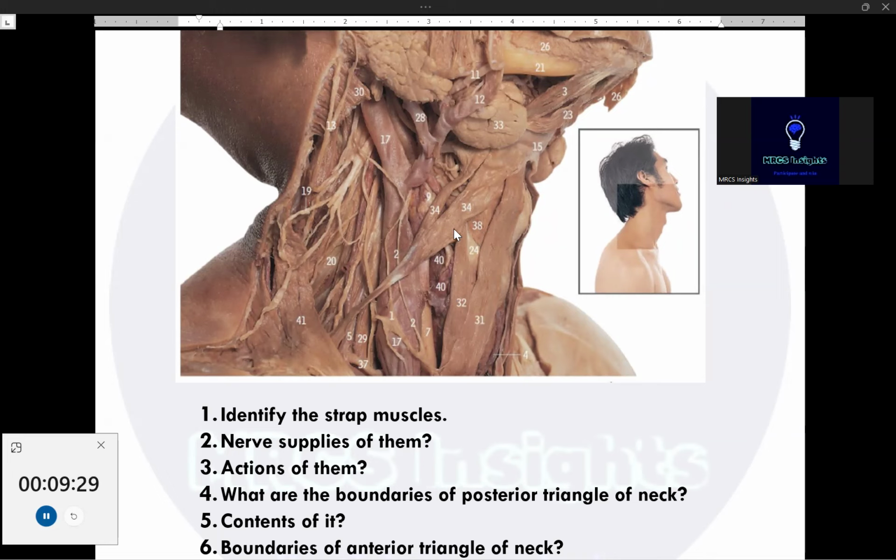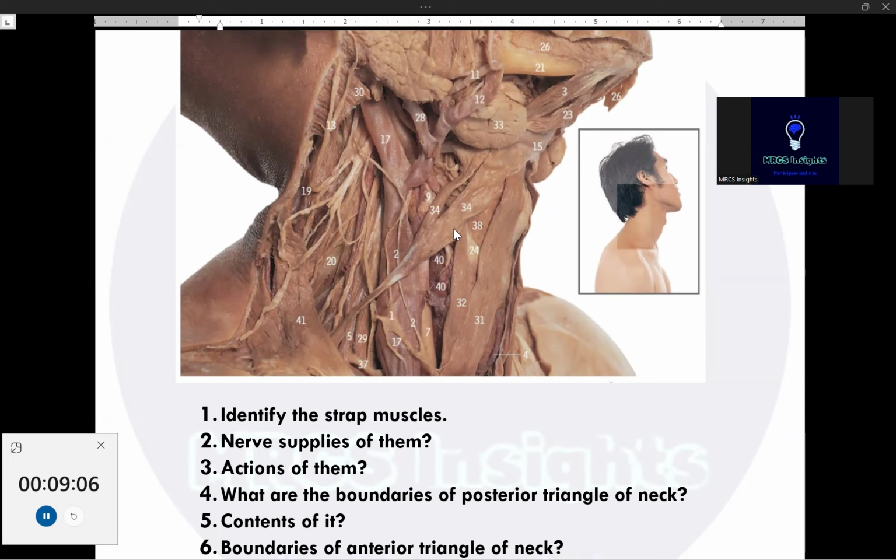And what is 34? 34 is omohyoid. Okay, so what are these muscles collectively called? It's called infrahyoid muscle. Excellent. So these four are infrahyoid muscles.